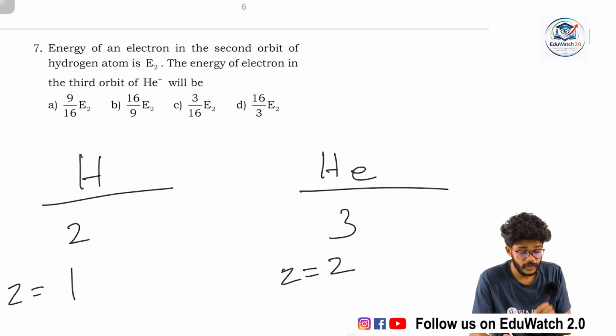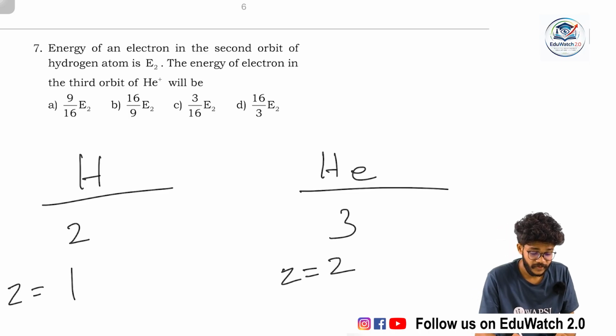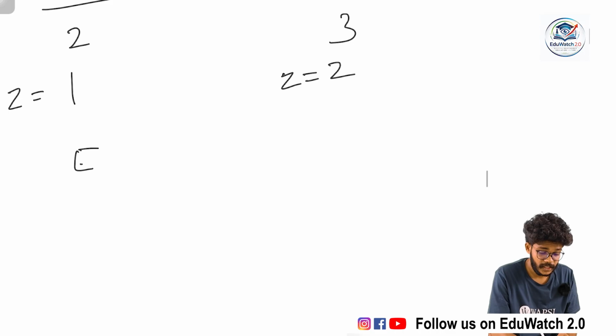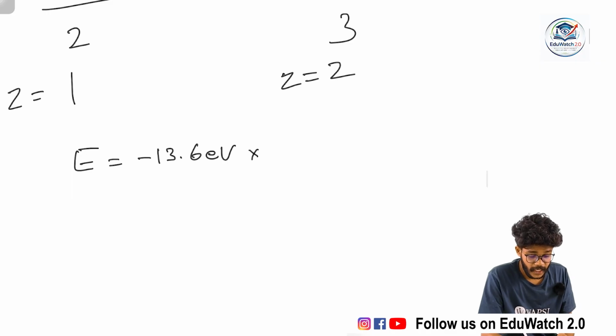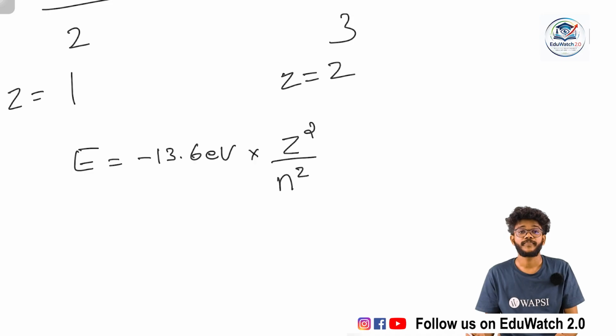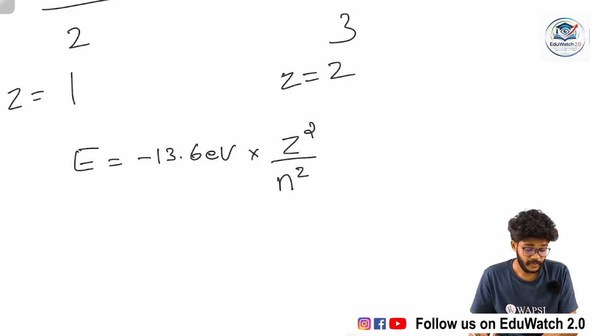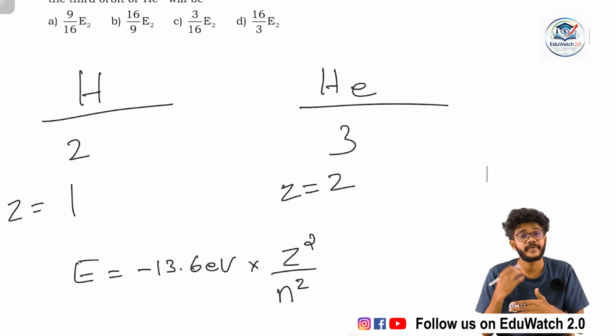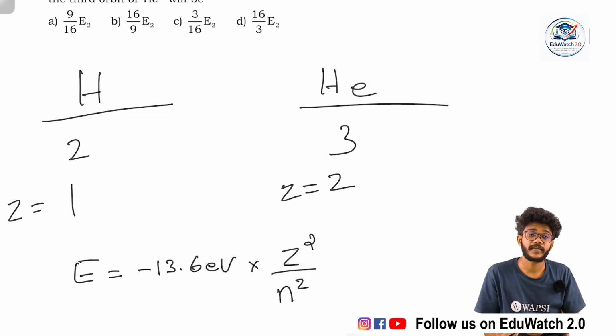So how is the energy of helium related? We know that energy is equal to minus 13.6 electron volt multiplied by Z square by n square. While changing the atomic number Z, the energy will change. By changing the principal quantum number, the energy will change.